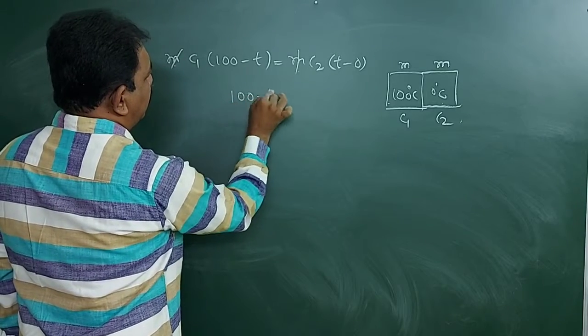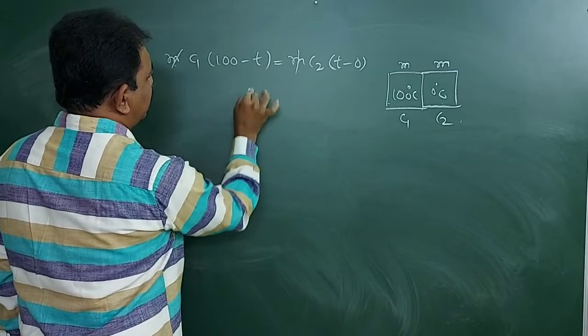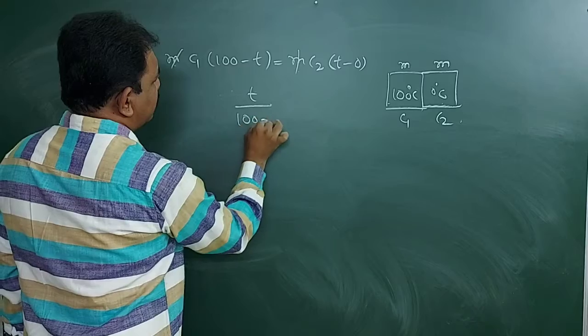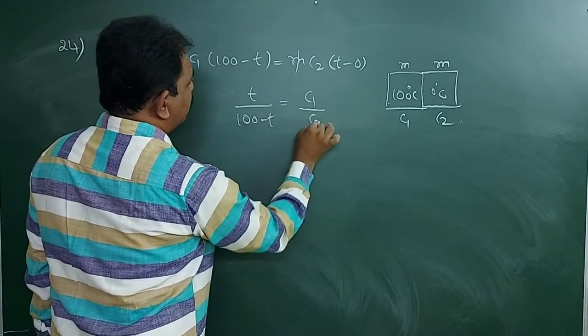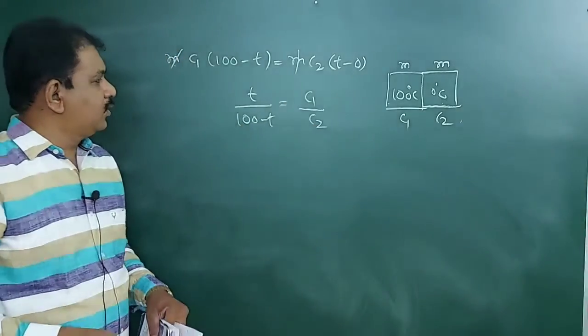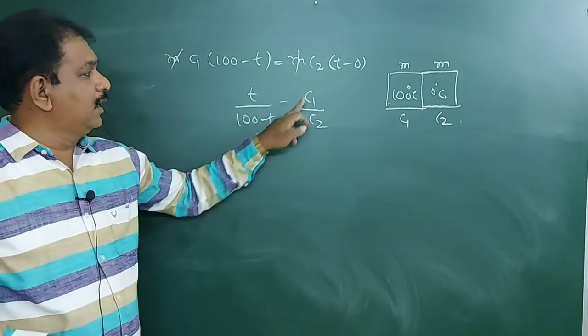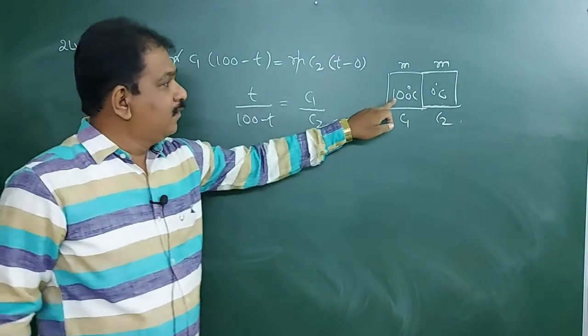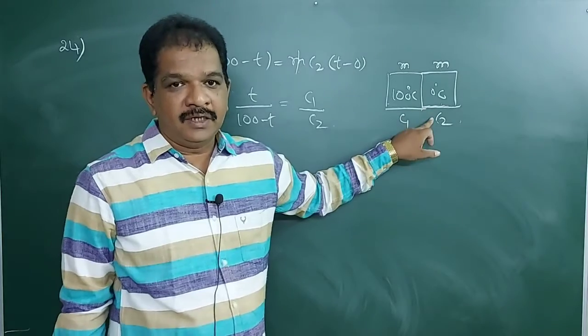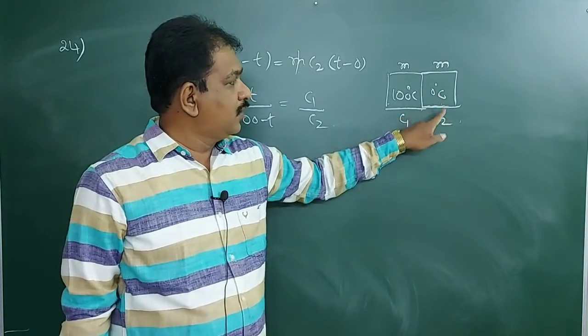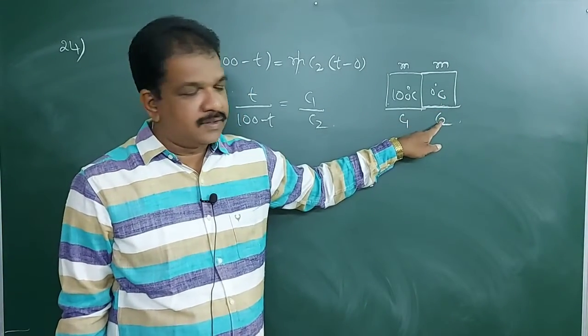Then (100 minus T) by (T minus 0) is equal to C2 by C1, that is, T by (100 minus T) is equal to C1 by C2. But the C1 by C2 value will be greater than 1, since the specific heat increases with temperature. At 0 degrees centigrade, specific heat is C2.